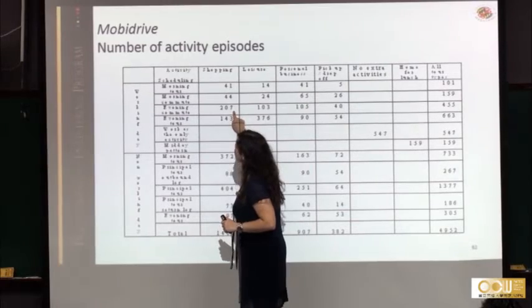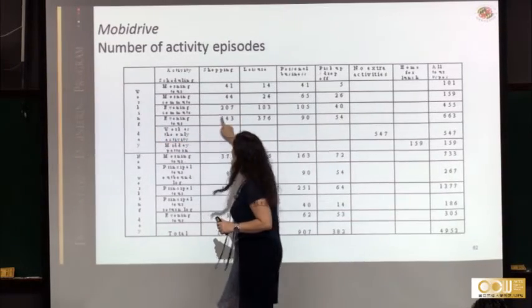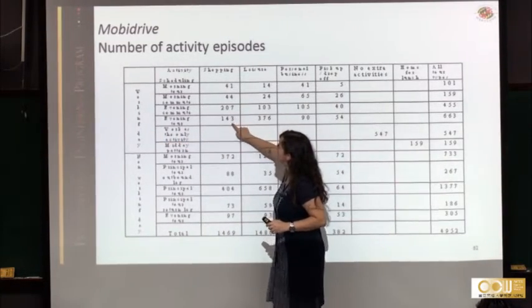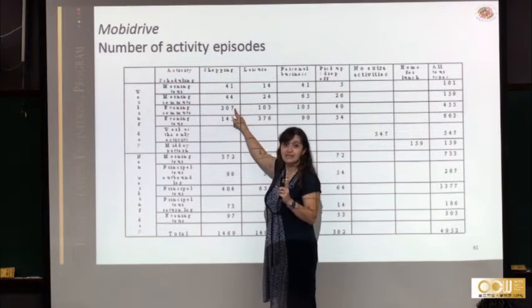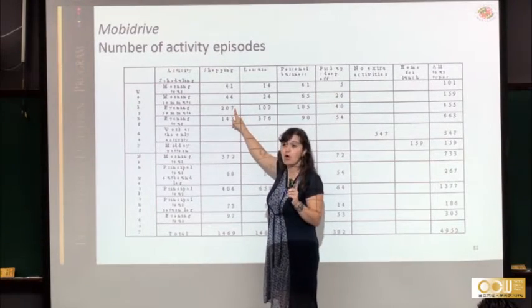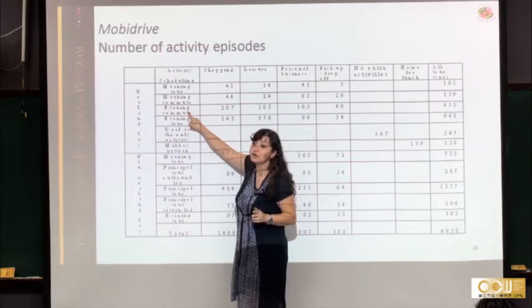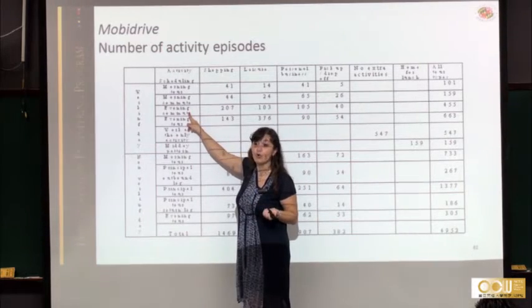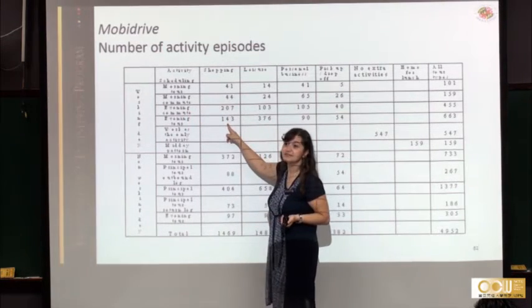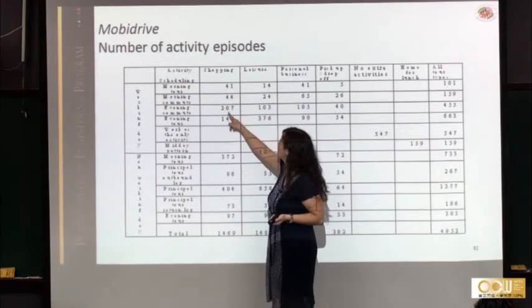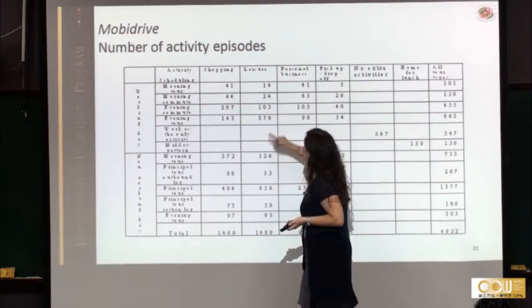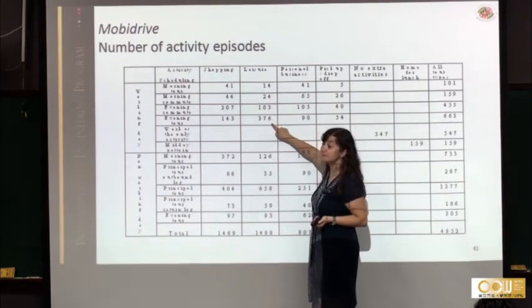You see that if I work, it's very likely that I do shopping even on the way from home to work. This is even in commute, it's the return leg home, right? Or after work. You have very big numbers here. Leisure, the same.